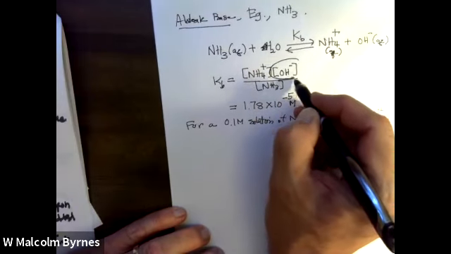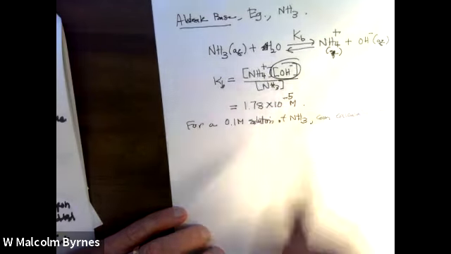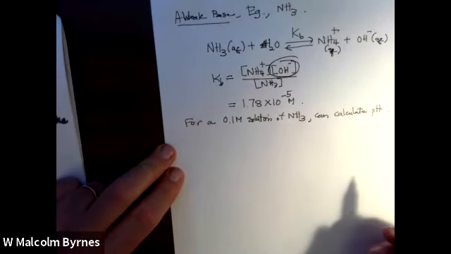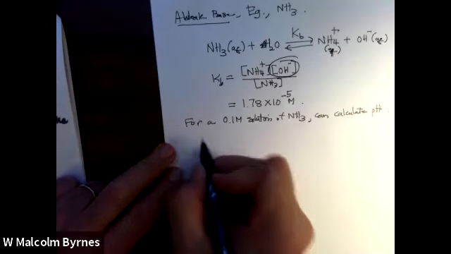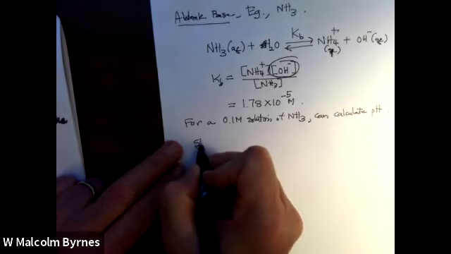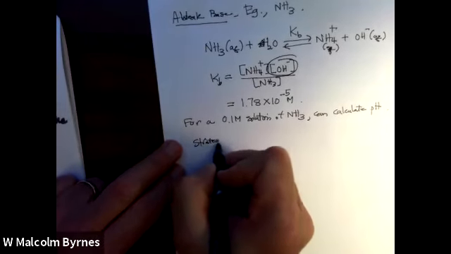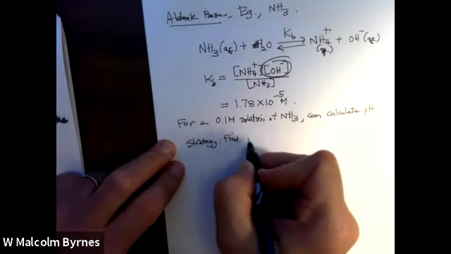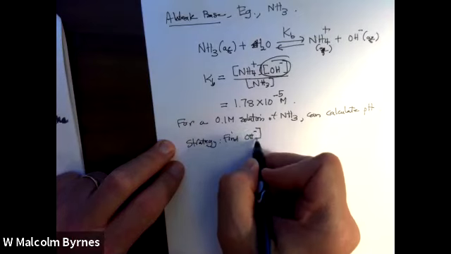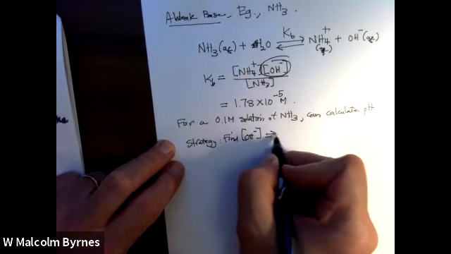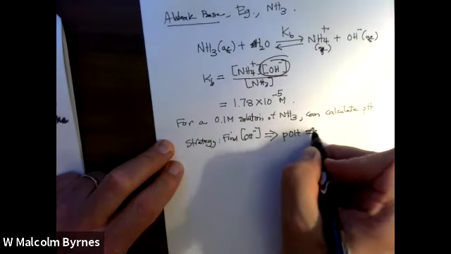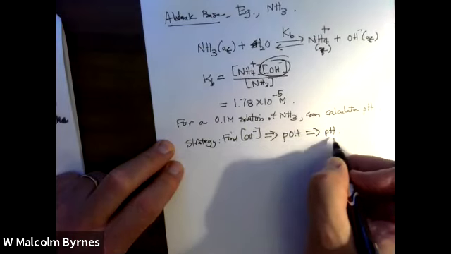We have to find the hydroxide ion concentration, take the negative log of that, and then subtract that from 14 to get the pH. So the strategy is going to be to calculate the OH minus concentration, then calculate pOH, and then from that calculate pH, and that's what we want to get.